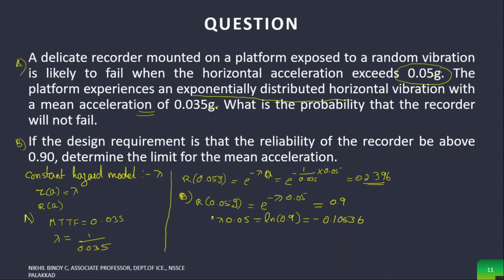Now we can remove the minus sign. So lambda times 0.05 is equal to 0.10536.